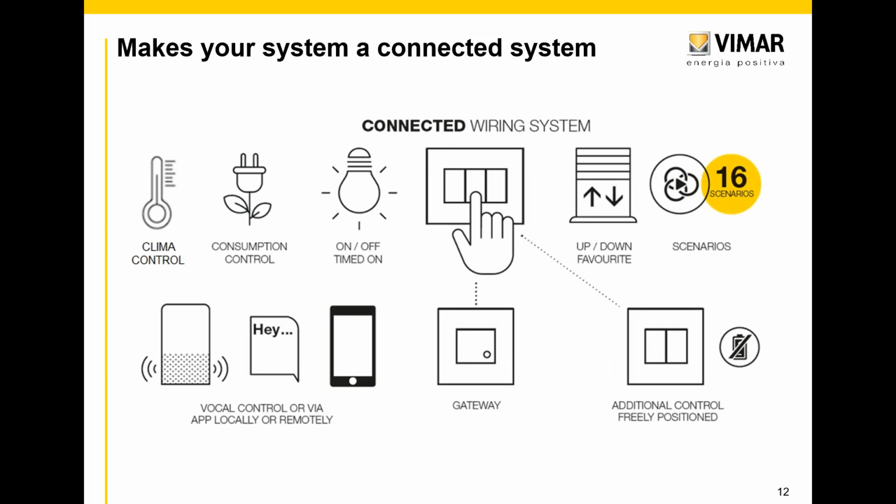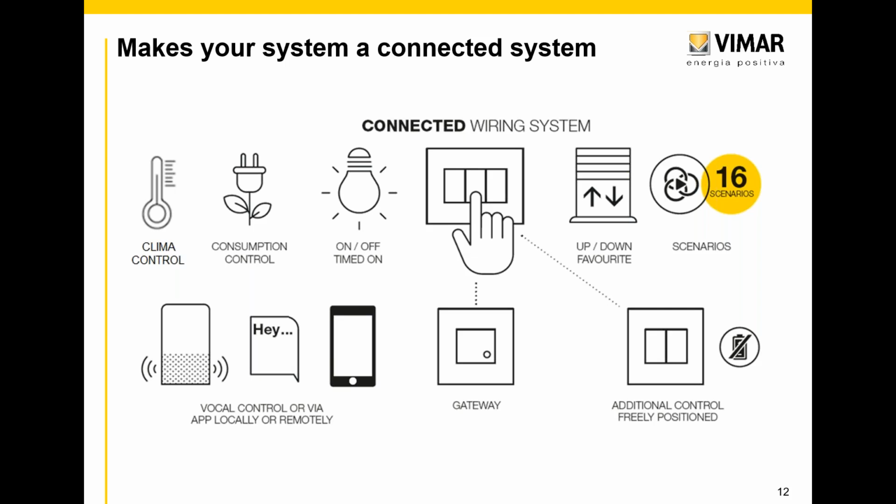A little bit deeper, what we have is the following scheme. We have a connected system that manages, for instance, on-off lights, shutters, consumption controls, climate controls, and additional batteryless switches. This is also another important advantage of our range.